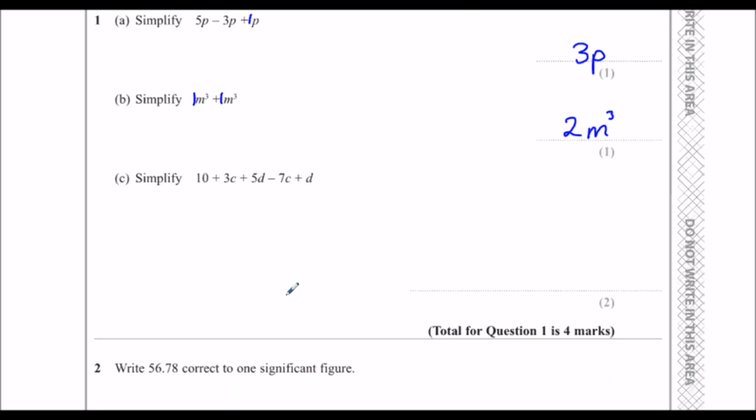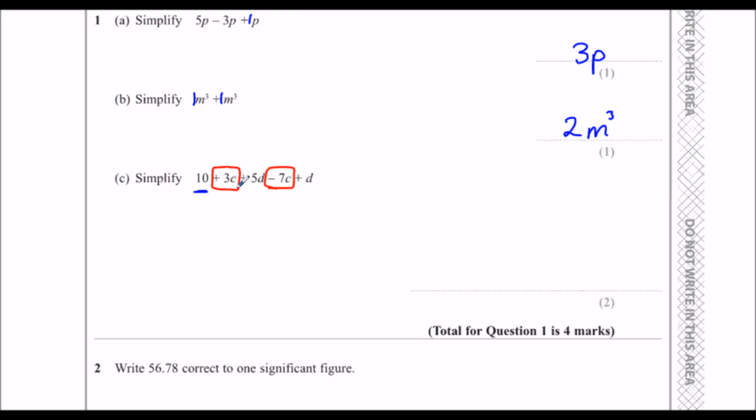And finally, simplify. So we've got 10 plus 3c plus 5d minus 7c plus d. So we're going to add the like terms. So we've got plus 3c and minus 7c.